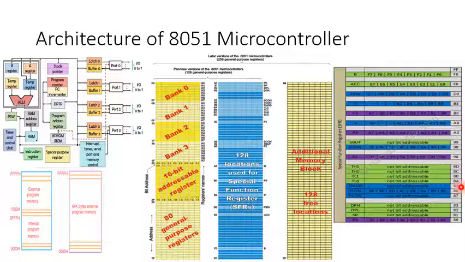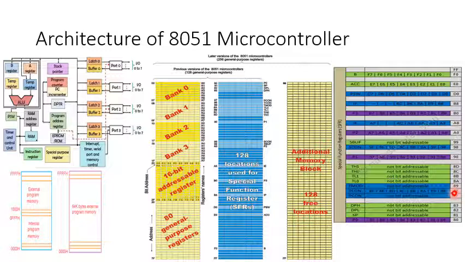It is used to select the mode and control operation of the timer by writing the control word. Next register is TCON register. It is an 8-bit register. Its address is 88H. Its MSB 4 bits are used to control operation of the timer counter and LSB 4 bits are used for external interrupt control.